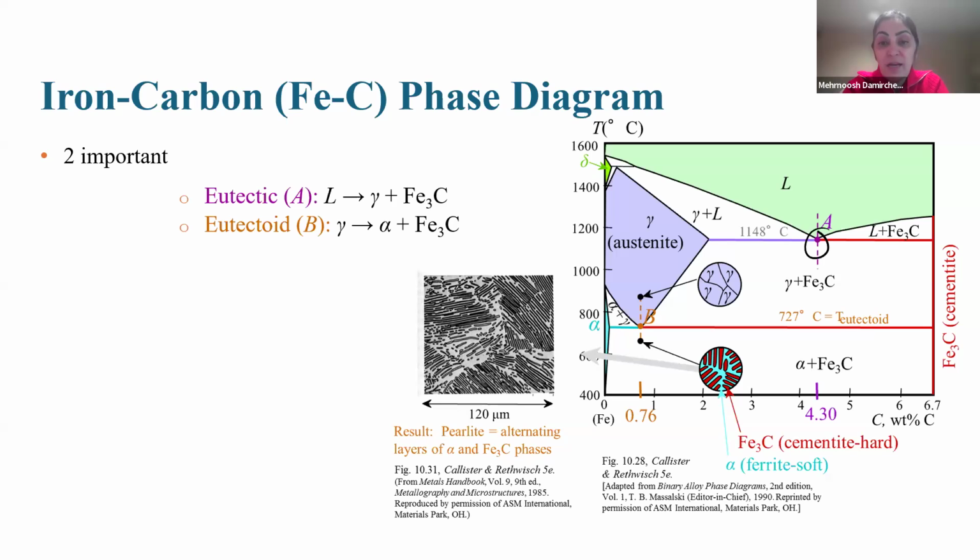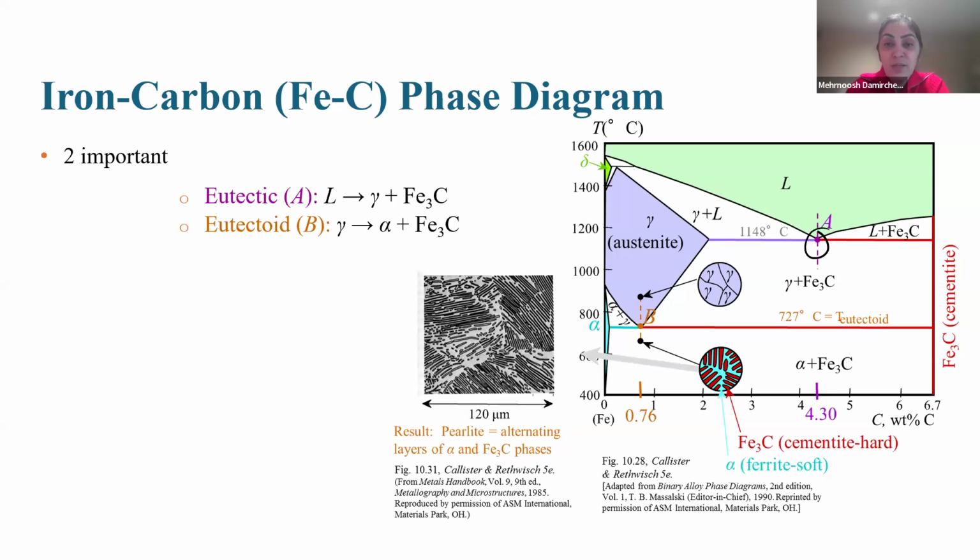Fe3C is an intermetallic compound, which you saw two slides before, with this vertical line, the composition weight percent fixed. Here you see that the composition weight percent of the cementite is 6.7. In some references it is shown as 6.67, but here 6.7.